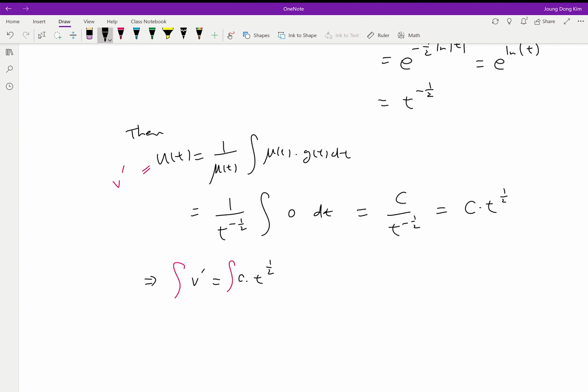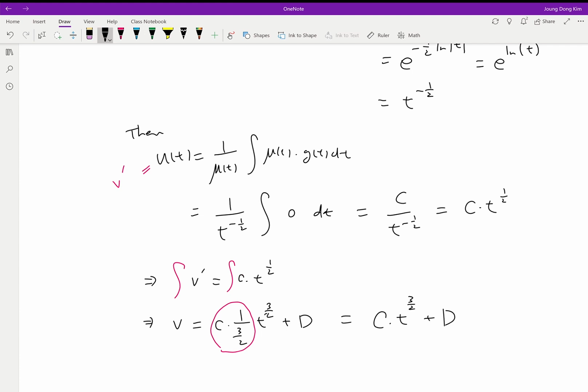Then my v is equal to c times 1 over 3 half, t to the 3 half, and another constant d. Well, look at that, this is just a constant, right? We can combine it as one single constant. We can simply say c times t to the 3 half plus d, okay?